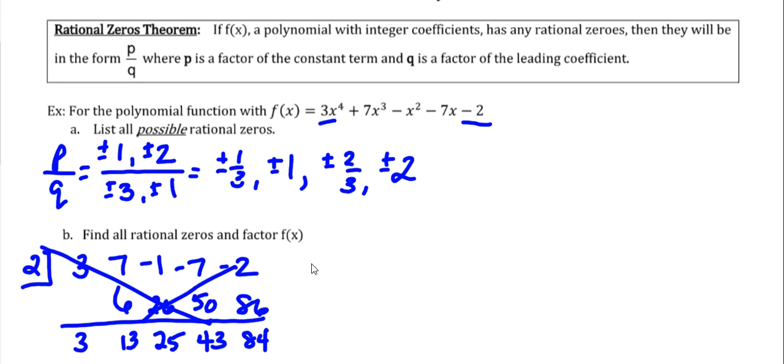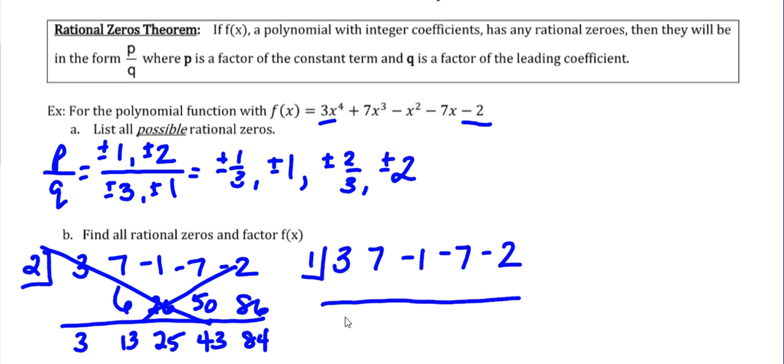Alright, let's try another integer. Let's try 1. I'm going to see if 1 is a 0, so I have 3, 7, -1, -7, -2. Bring down the first, multiply, add, multiply, add, multiply, add, multiply, and add.